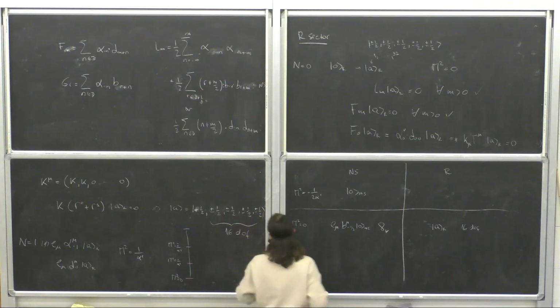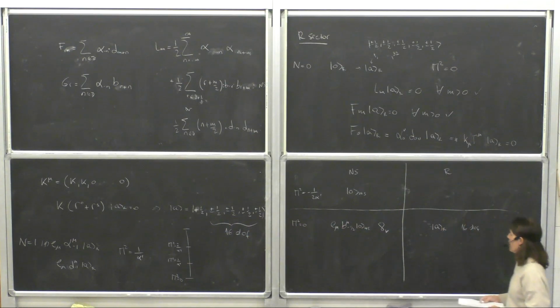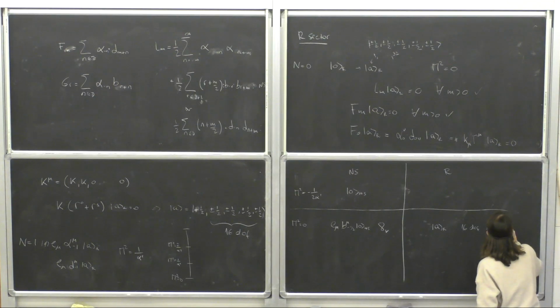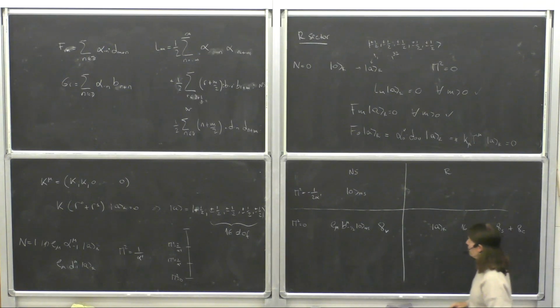These are real degrees of freedom, because the spinor is Majorana. And so this 8 is called S, the positive chirality, and 8C, negative chirality. So again, these are representations of SO(8).